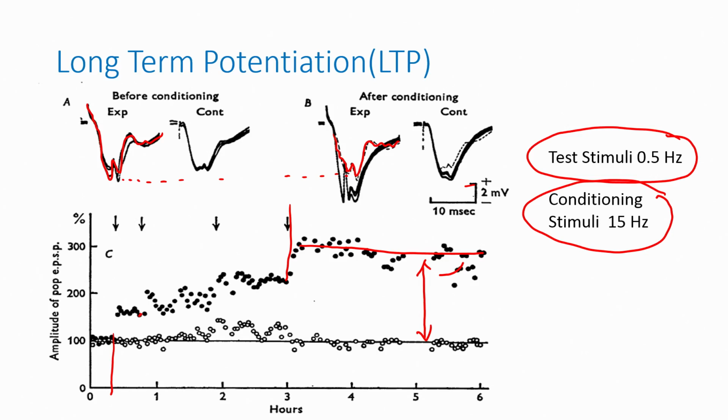Now, this does not mean memory is long term potentiation, but what it could be is that the mechanisms underlying the long term potentiation, that is the enhancement in the evoked potentials that you see in this experiment, could be the same as those that happen when you form memory, right.